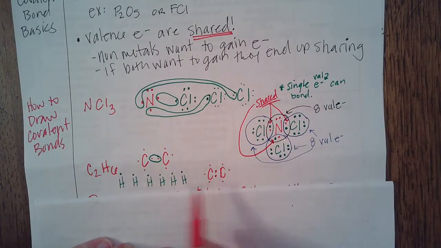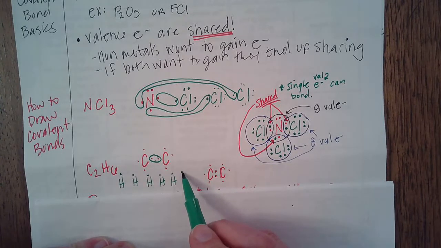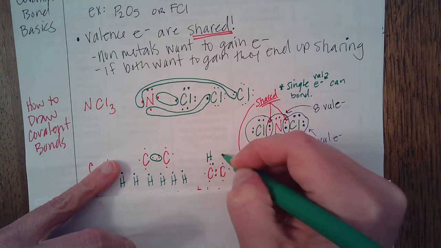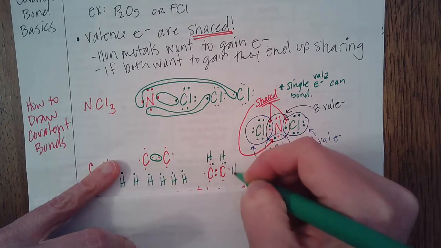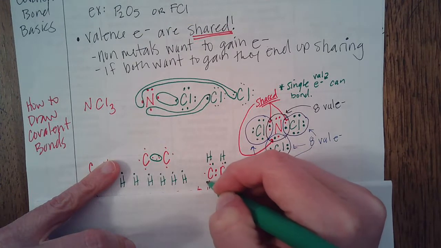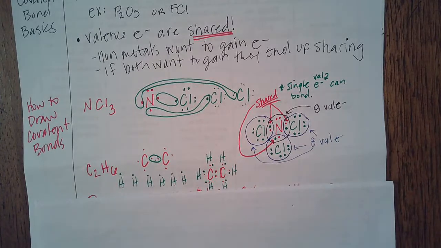So these two are these two, right? Well, look what we have now. 1, 2, 3, 4, 5, 6. So each of these can attach onto here. So we have 1, 2, 3, 4, 5, 6.